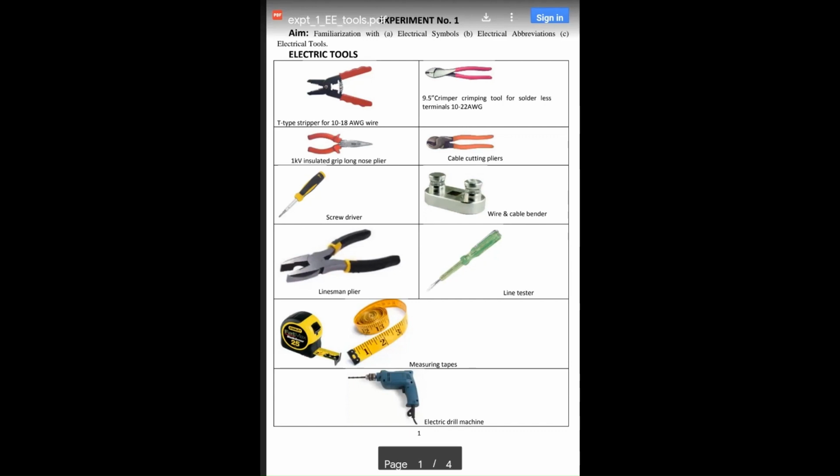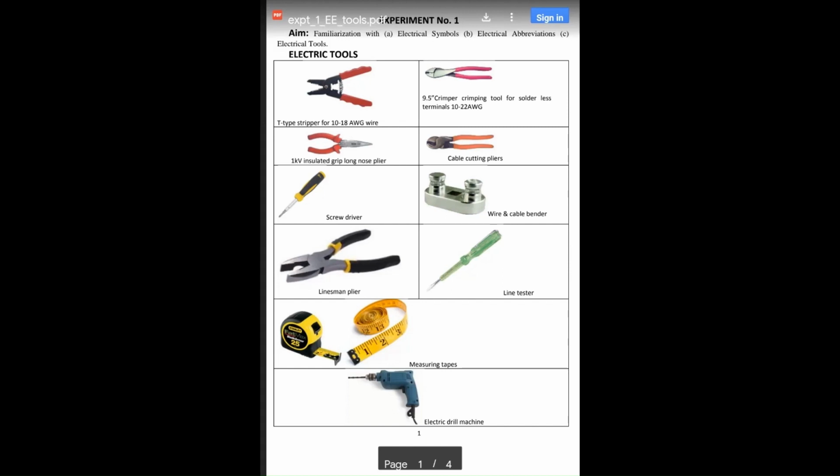He generally carries a toolkit or a bag with him in which various tools are there. So screwdriver is also there, line tester is there, measuring tapes are there, drill machines are there. Okay, so we'll discuss these tools one by one.